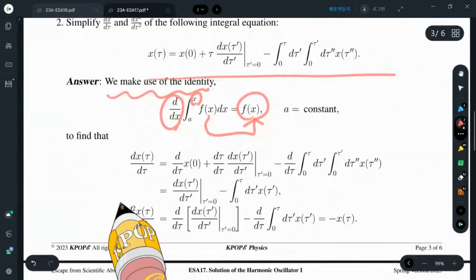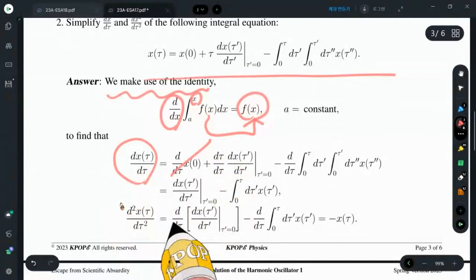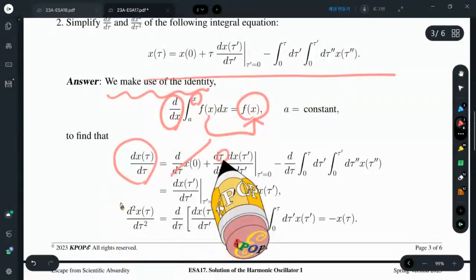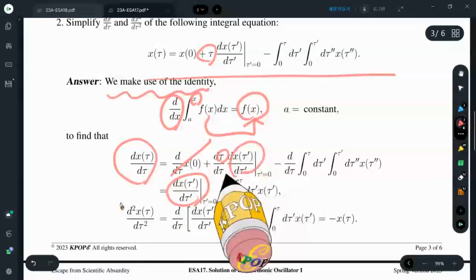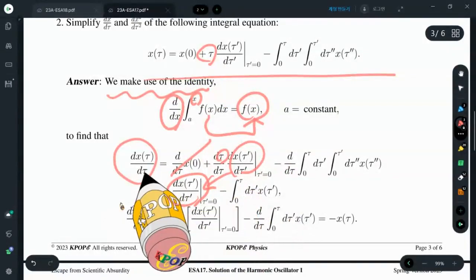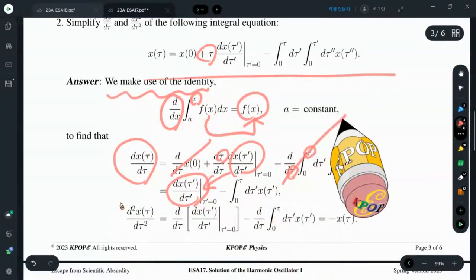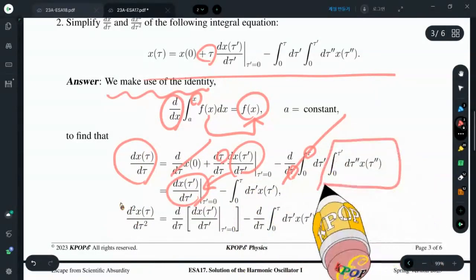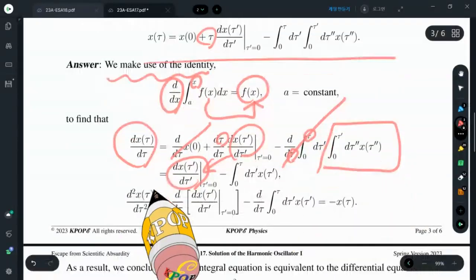So using that method, you can take the derivative, the constant disappears. It used to be a tau, the simple velocity, only the coefficient survives. You take the derivative with respect to this, so you just erase and you are left with the single integral.